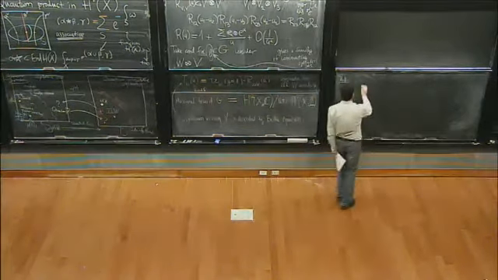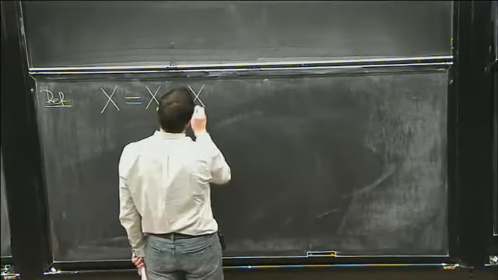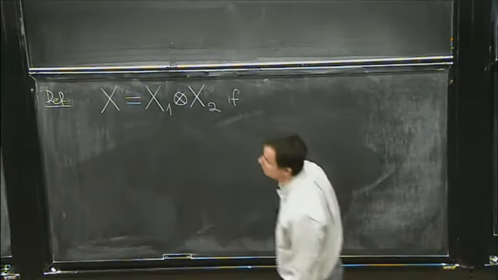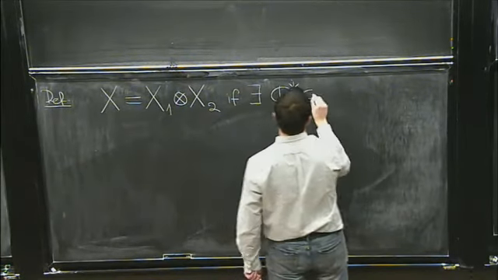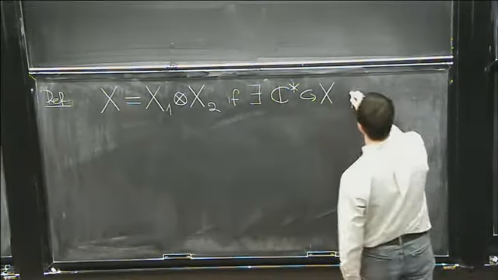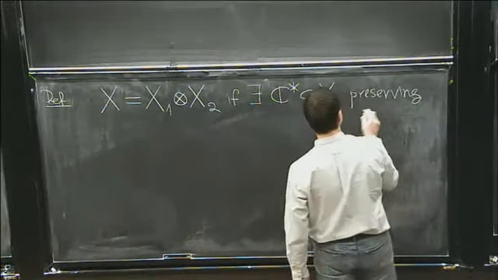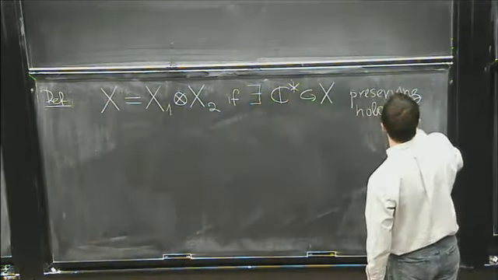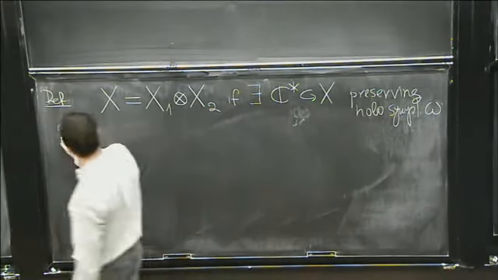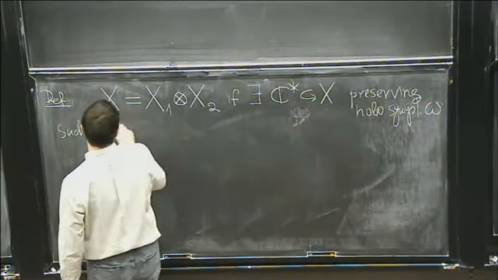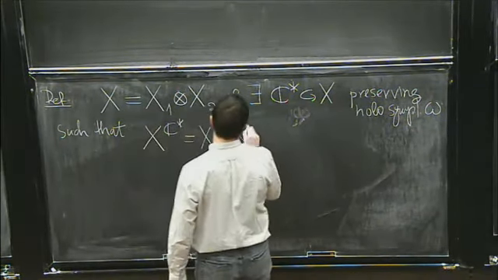So one says that X is a tensor product of X1 and X2 if all of these varieties are holomorphic symplectic, if there exists a C star action on X, or U1 action on X, preserving the holomorphic symplectic form omega, such that the fixed points are X1 cross X2.